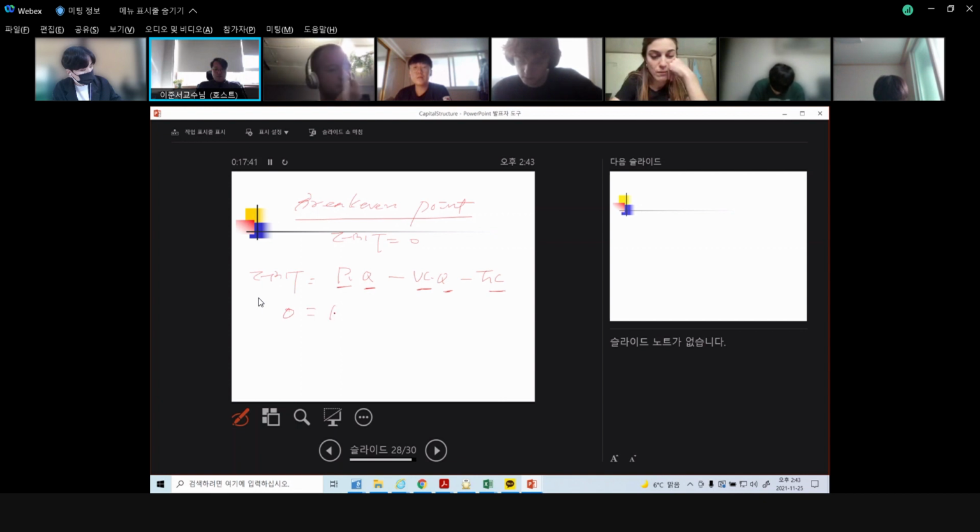PQ minus VCQ minus FC equals 0. So this is Q times (P minus VC). If we move the fixed cost to the left-hand side from the right-hand side, then Q equals FC divided by (P minus VC).